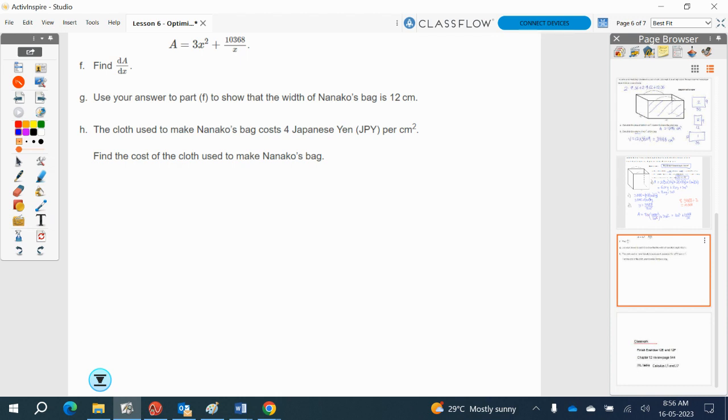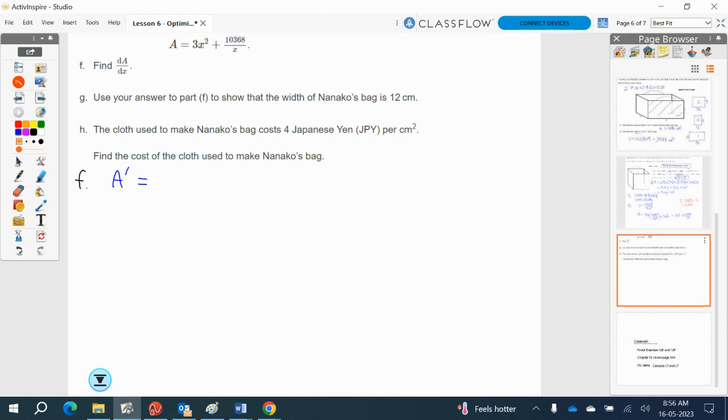Do it, Kat. 6x minus 10,368 x to the power of 2. No, it's the power of 2. Put it down. Okay, over. 6x minus 10368 over x. Yeah. Make sure you mark it. Look at your piece of paper. Have you marked that as the derivative?